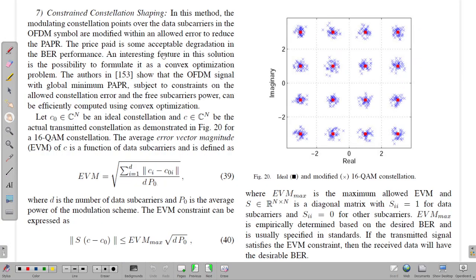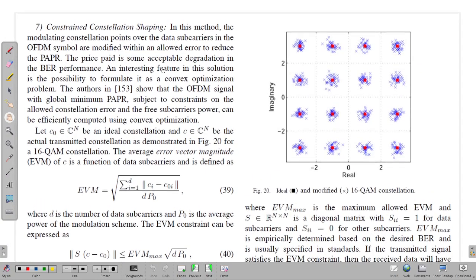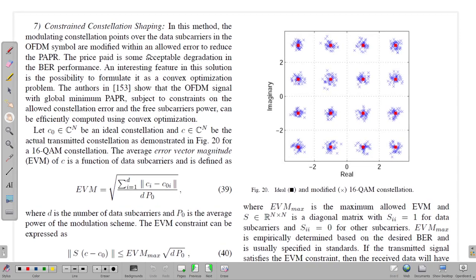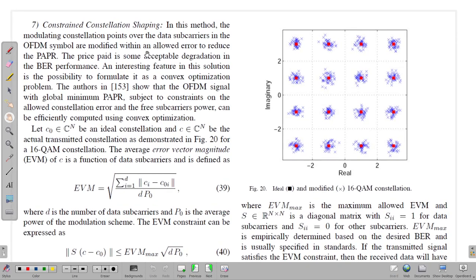We'll move on to the next technique, which is called constrained constellation shaping. This method is similar to active constellation extension. The only difference is that the feasible regions are not divided the way we have seen in active constellation extension.